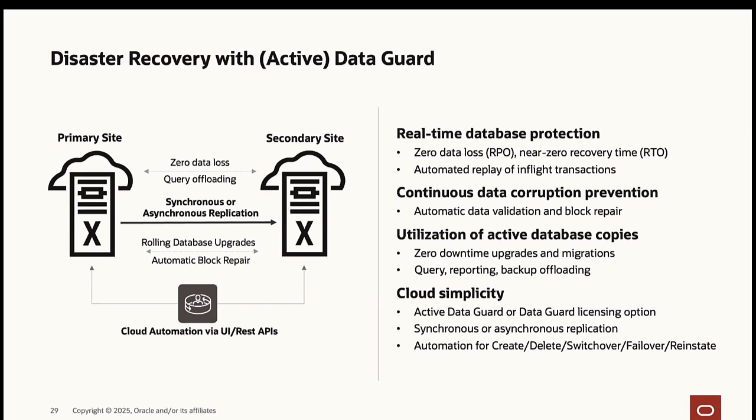So let's say you have to run one of these patches and you're going to patch the secondary site first. After the patch is finished, you'll switch over between the primary and the secondary site. Your end users are now going to the secondary site. You'll patch the primary site while your end users are going to the secondary site, and both sites will be patched, and your end users will be none the wiser to any of the lag.